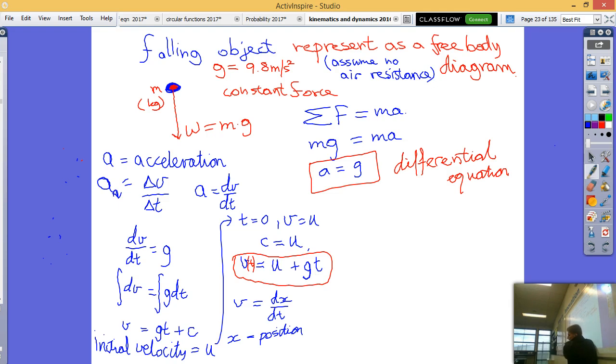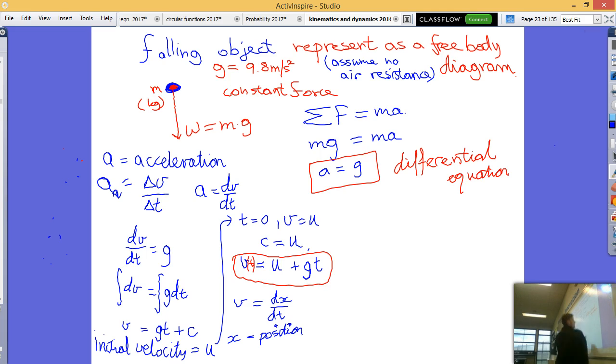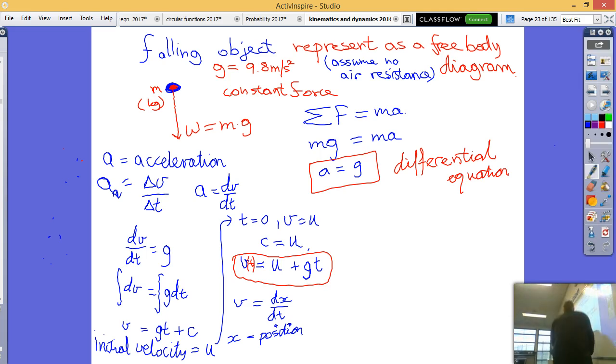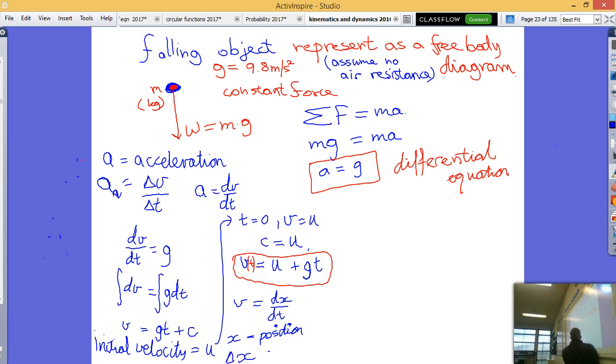Now, this dx is your instantaneous change in position. What we're interested in is a big change in position. A change in position we call what quantity? Displacement.